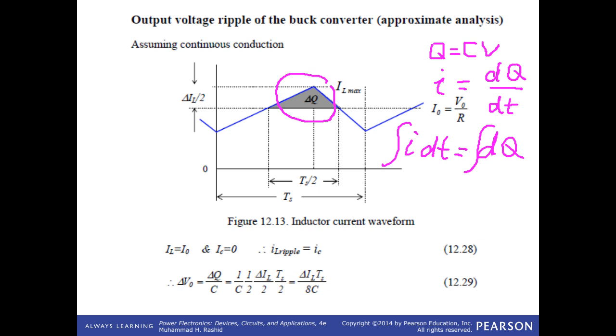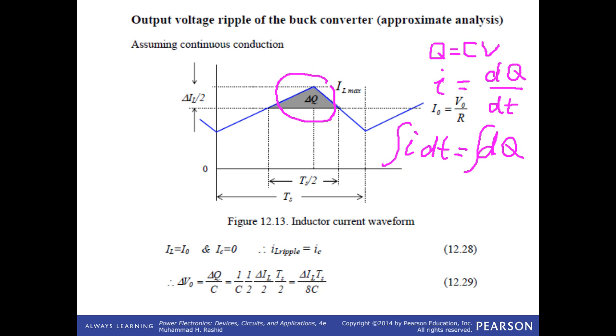This is delta I over 2 here. Times that one, TS over 2. So that is delta I TS over 8, 2 times 2 is 4, 2 times 4 is 8, over C.